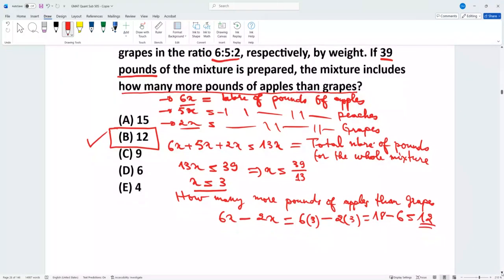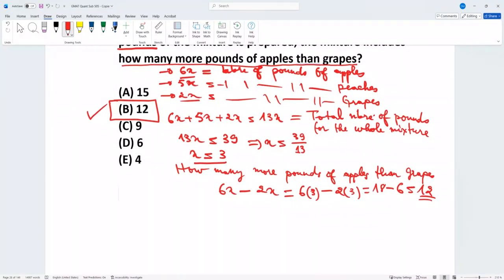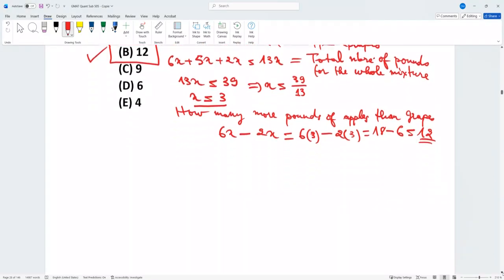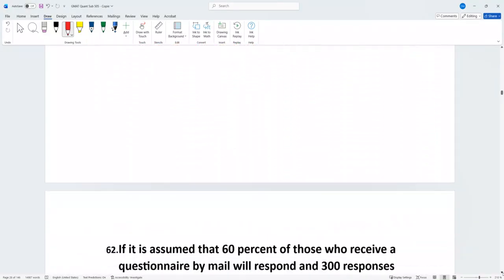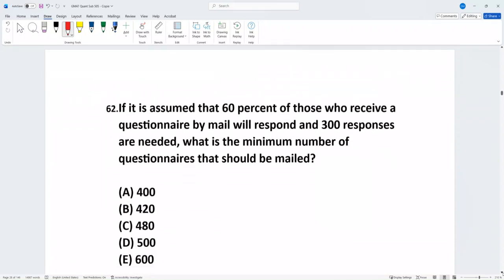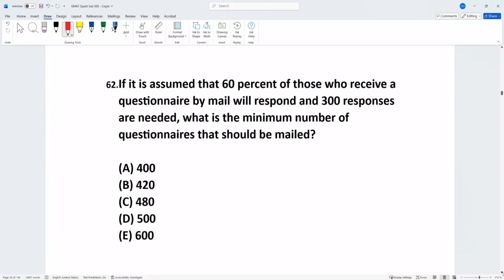Let's go to the next question quickly. Question number 62, excuse me. Question 62. It says, if it is assumed that 60% of those who receive a questionnaire by mail will respond and 300 responses are needed, what is the minimum number of questionnaires that should be mailed?